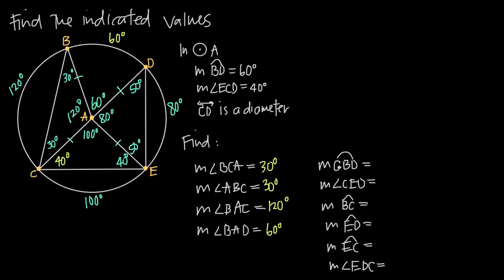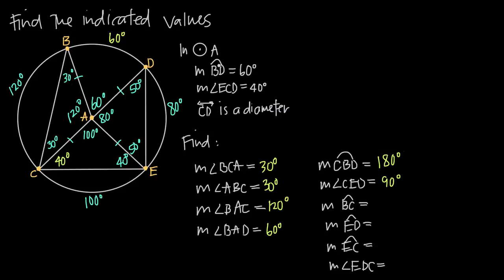The measure of arc CBD, so CBD, I can say 120 degrees plus 60 degrees is going to be 180 degrees. The measure of angle CED, so CED, I would just have to sum these two angles together. 40 degrees plus 50 degrees is 90 degrees, so 90 degrees for that angle.